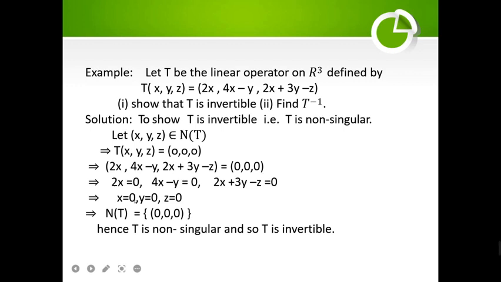Substituting those values, the null space of T is equal to the set containing only zero. Hence, we can conclude that T is non-singular as well as invertible.